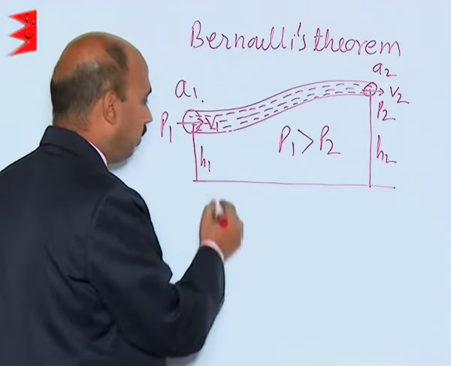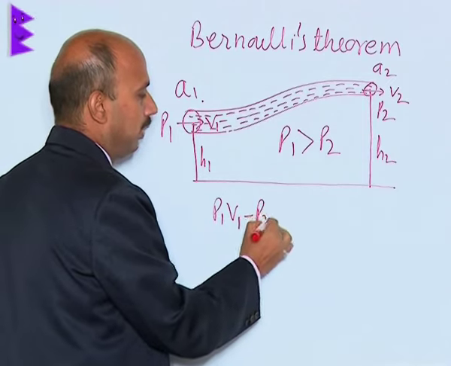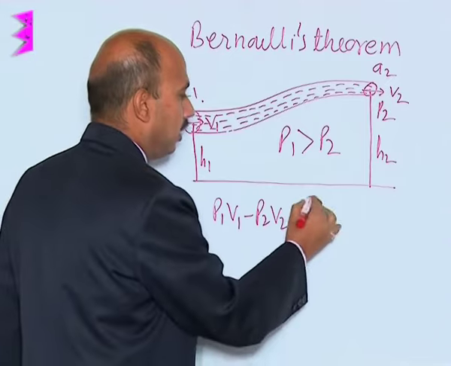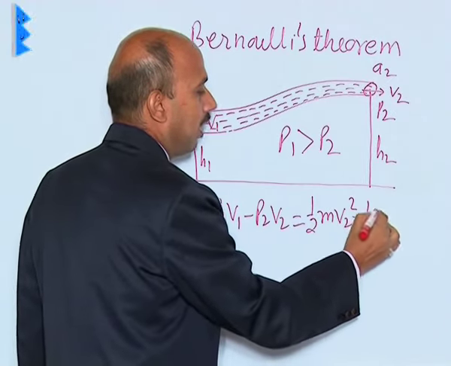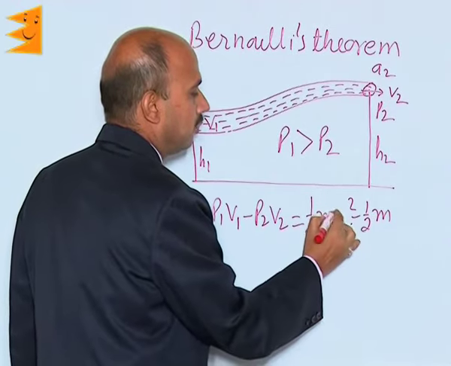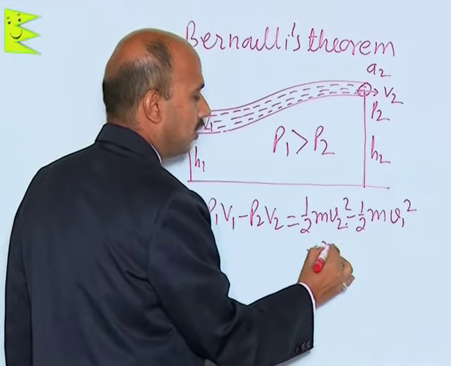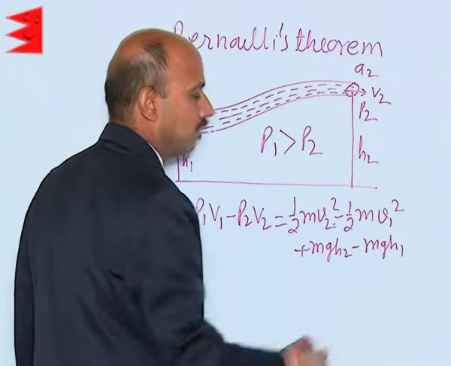So we can write here P1 V1 minus P2 V2 equals half m v2 square minus half m v1 square plus m g h2 minus m g h1.